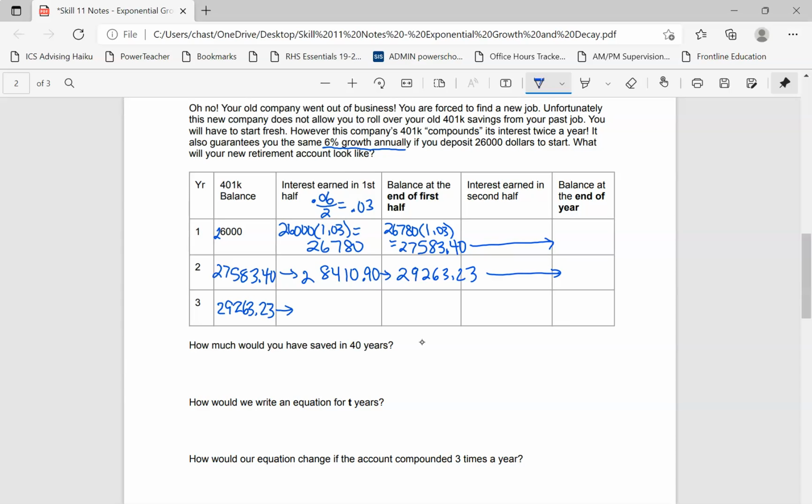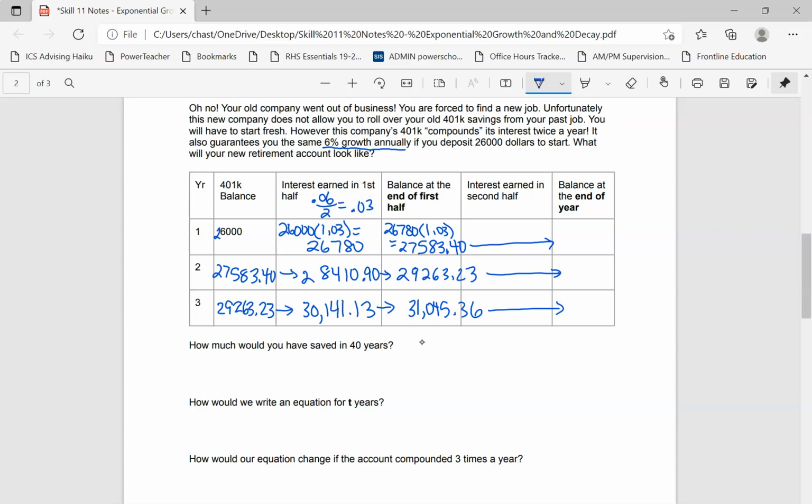All right, so I'm going to take that value, $29,263.23, multiply it by 1.03. Now I have $30,141 and 13 cents. I take that times 1.03 and we get $31,045 and 36 cents.